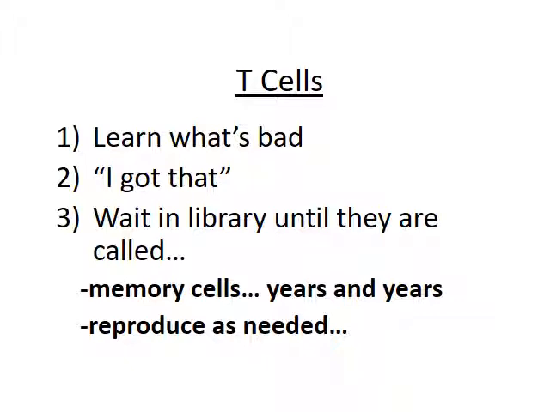They'll wait in the library until they're called, just like the B cells. They're memory cells. They can last for years and years, and then they reproduce when they're needed. So as soon as they are called into action, they're going to split into 2, 4, 8, 16 cells, and that whole army is going to attack that antigen, that invader, that specific bacteria that needs to be removed.